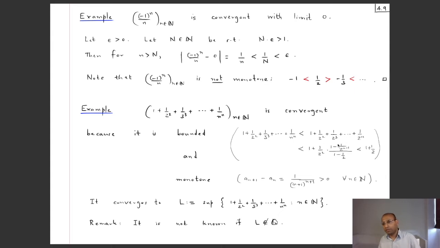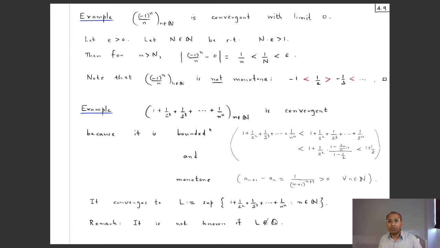We did some arithmetic, and then we discovered that 1 plus a half serves as an upper bound.